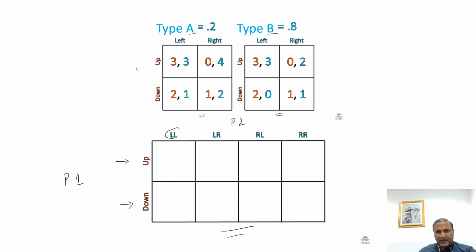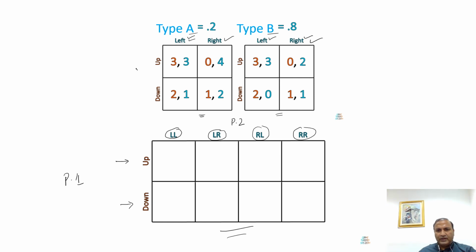For example, LL means that he is choosing L for type A and also L for type B. The next possibility, LR, means that he is choosing L for type A and R for type B. Similarly, RL means that he is choosing R for type A and L for type B, and finally RR means that he is choosing R for both types.